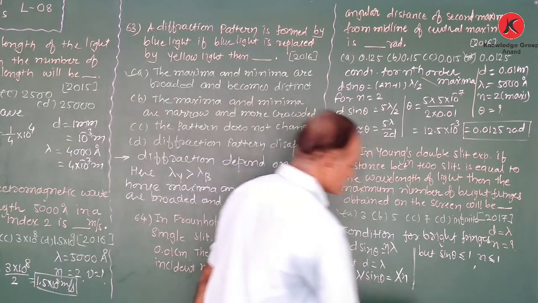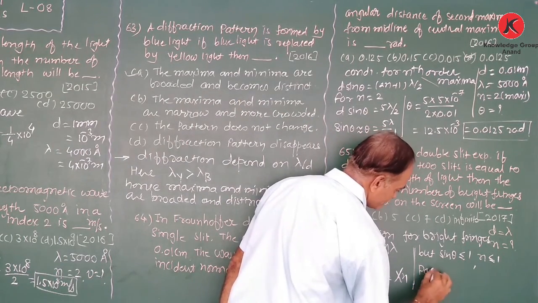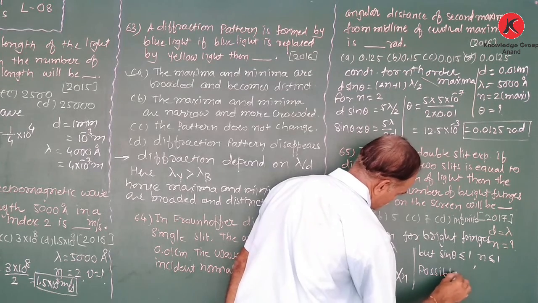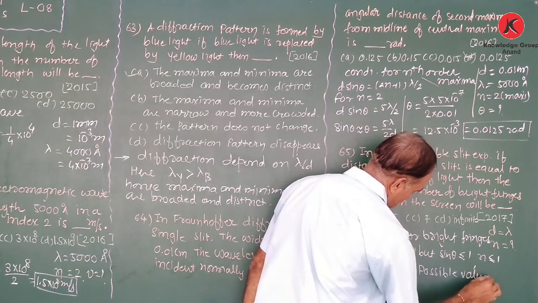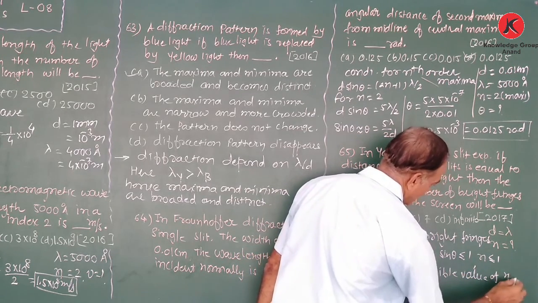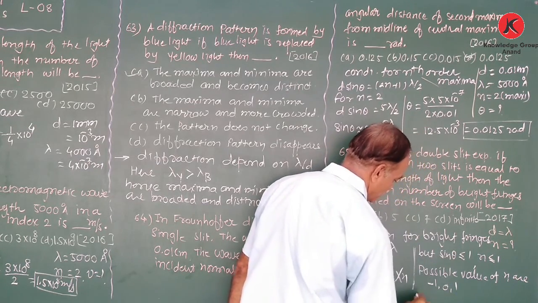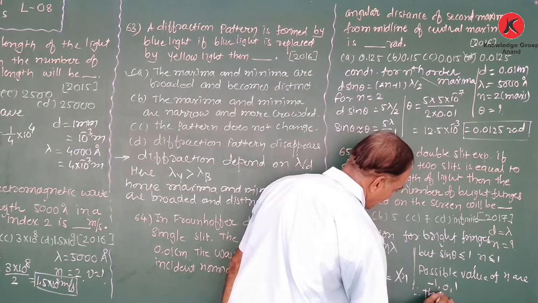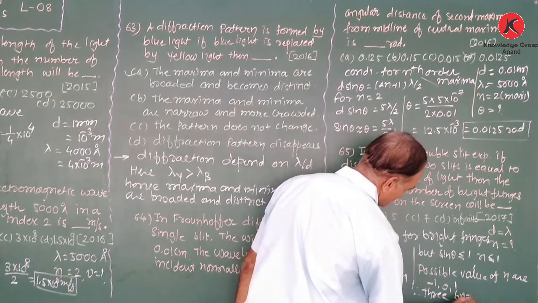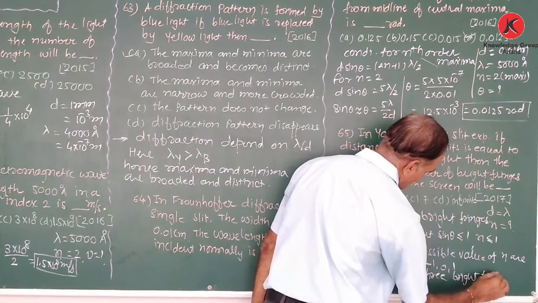Therefore, the possible values of n are minus 1, 0 and 1. Therefore, 3 black fringes are obtained.